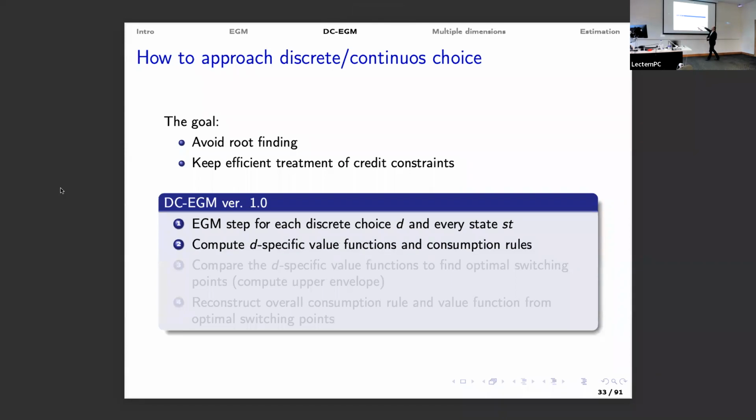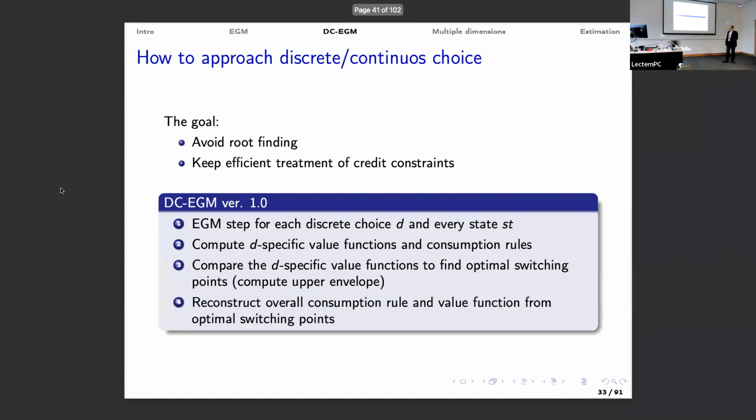Then we can compute the choice specific values for different choices, for retirement and for working. And then we can compare the choice-specific values, right? In order to find where the value is higher to be a worker or to be a retiree. And then we can just find that optimal switching point where at what level of wealth you are willing to be a worker on one side and a retiree on the other side. And that's just an upper envelope, right?